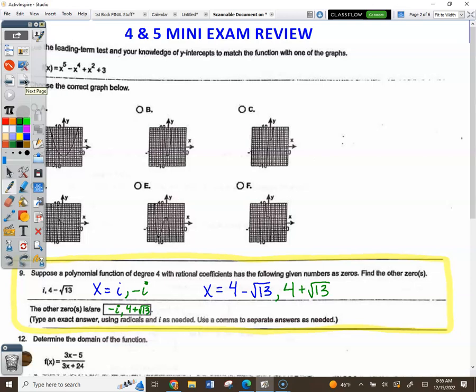Use the leading term test to test your knowledge. I realized that as I copied this, it became harder and harder to see these particular graphs. So let me help you out. I don't know if you want to get a highlighter. This one's right here. This one is here.